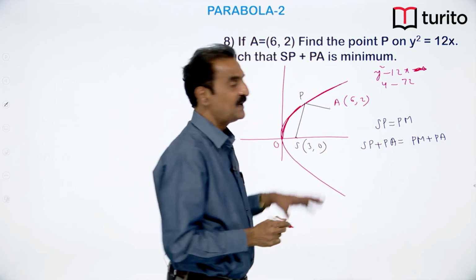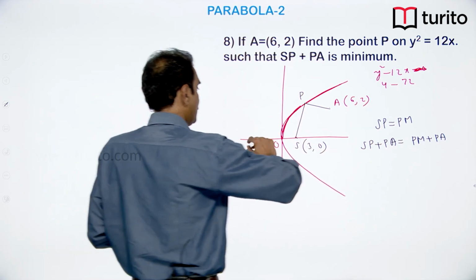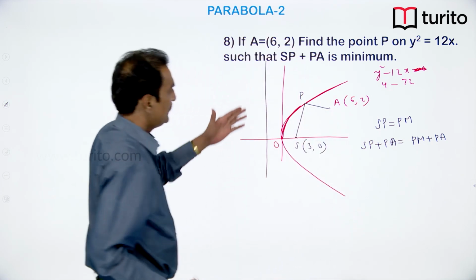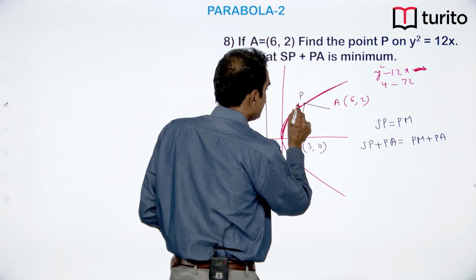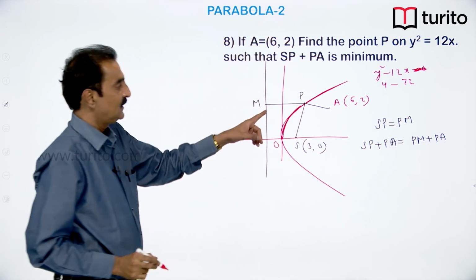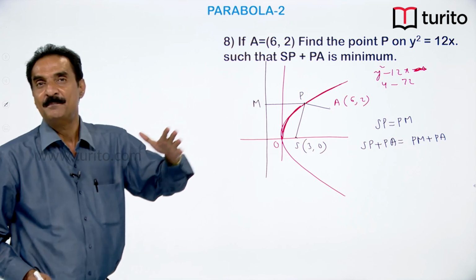Now, PM plus PA should be minimum. Where is PM? You draw the directrix. This is the directrix. PM is the perpendicular distance from P to the directrix. This is PM.